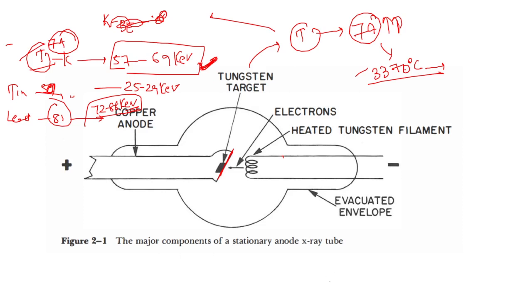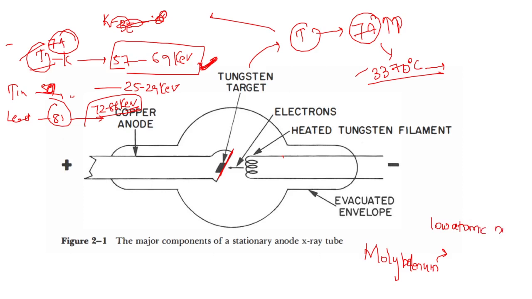One more target material which has been used is molybdenum. With a higher atomic number like tungsten, the X-ray beam mainly contains Bremsstrahlung radiation. Molybdenum has a low atomic number when compared to tungsten.